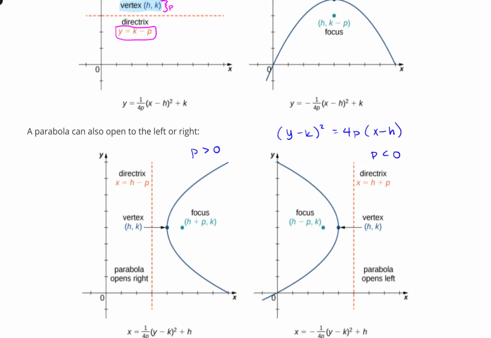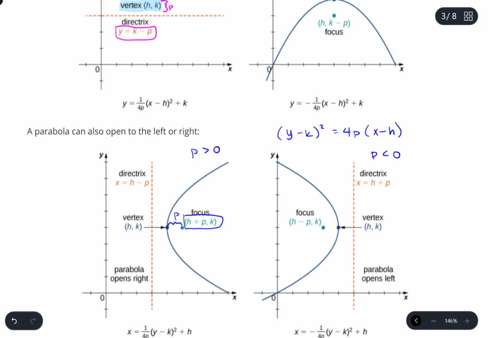Everything else still falls into place, except that if you're going left and right, you're not going to add p to the y-coordinate. You would add p to the x-coordinate to get the location of the focus, and subtract p from the x-coordinate of the vertex to get the directrix.